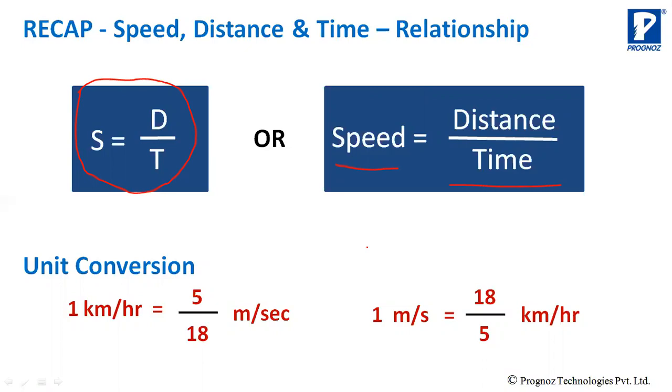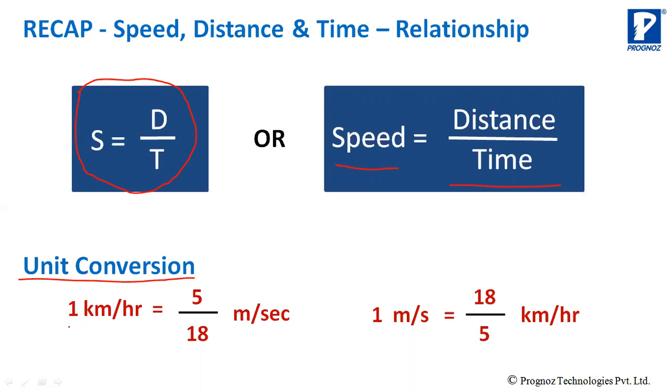In this formula, it is very important that the left-hand side unit should match the right-hand side unit. And for that, one conversion is very important and very frequently used: the conversion of kilometer per hour to meters per second. In problems, generally the speed is given in kilometer per hour, but the distance is given in meters and time is given in seconds.